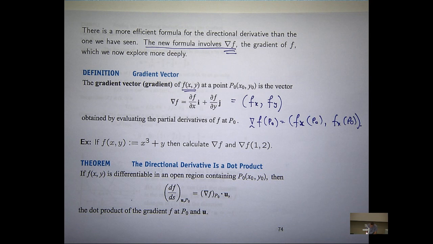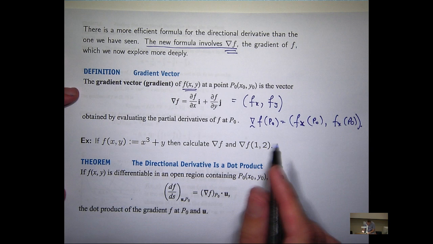But grad f is more common. Who's studying physics here? Anybody heard of a gradient field? You have, good. You guys will see a lot more of it in physics if you do second and third year physics. All right, so let's look at it.